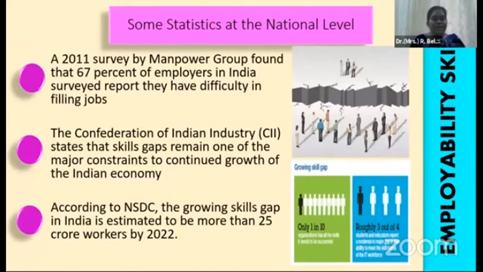So I can't take them. Okay, according to NSDC, National Skill Development Corporation, the growing skill gap அப்படின்னா என்ன இருக்கு இப்போ இப்படி பெருசாயிட்டே போகுது, is estimated to be more than 25 crore workers by 2020. So if in case now you are taking this as an alarm bell alert and you're going to improve your employability skills, you're going to get a job.